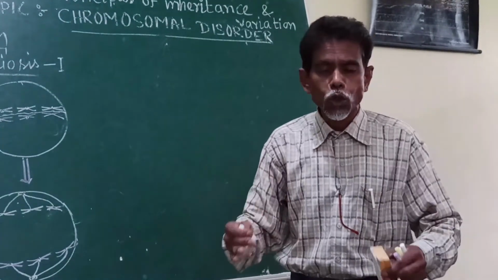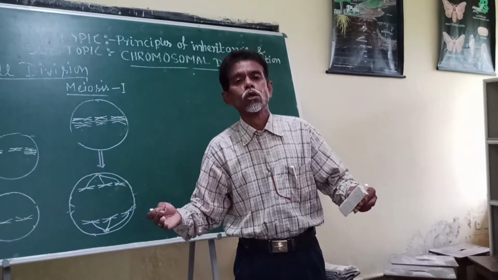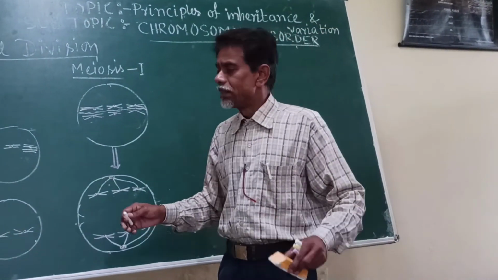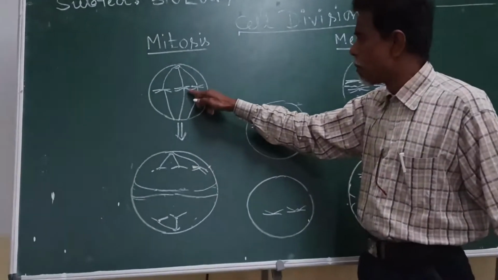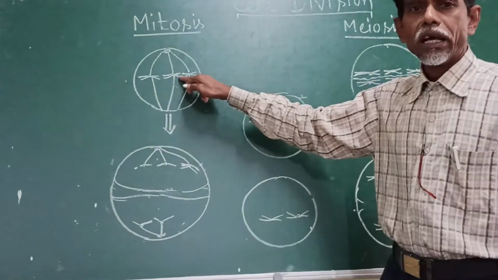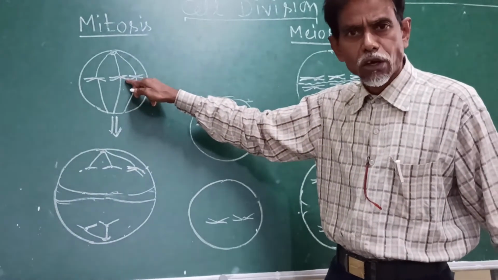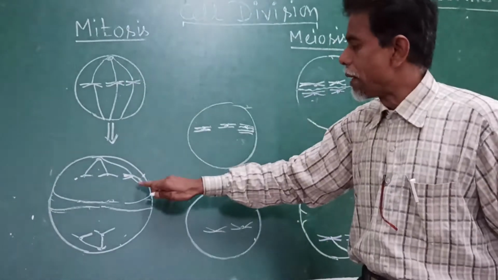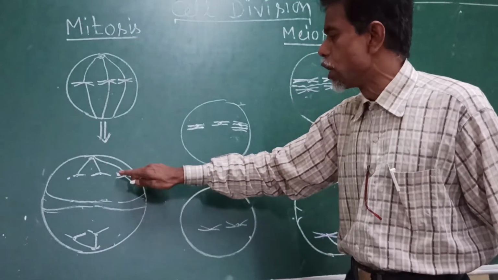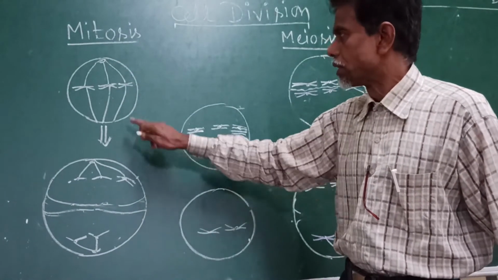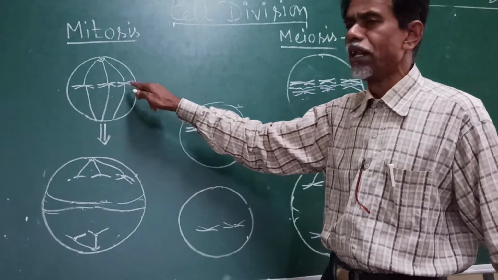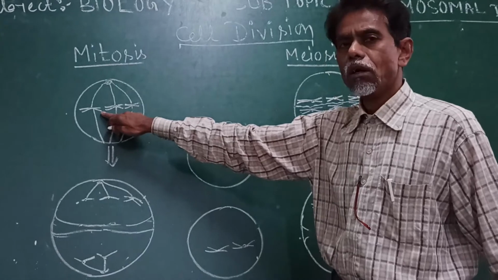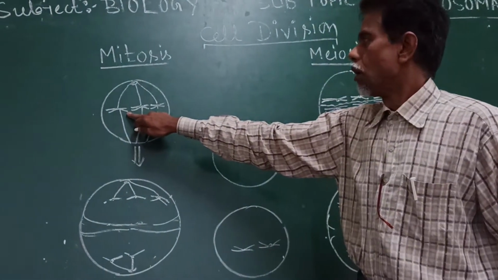In case of chromosomal disorder, two things might happen. One, during the separation of chromatid in the anaphase stage of mitosis, there can be a failure of separation of any of the chromatid in a chromosome. Say for example, I have taken 3 chromosomes here.